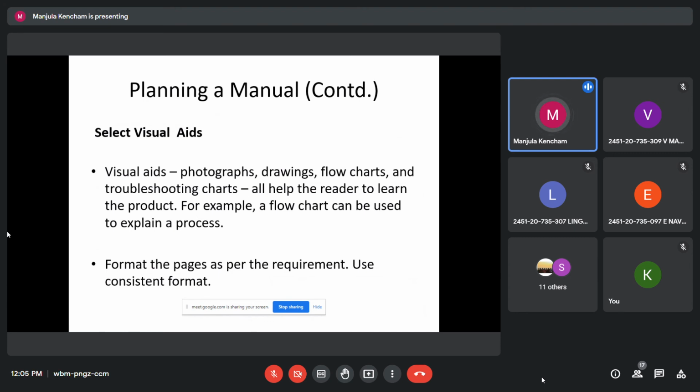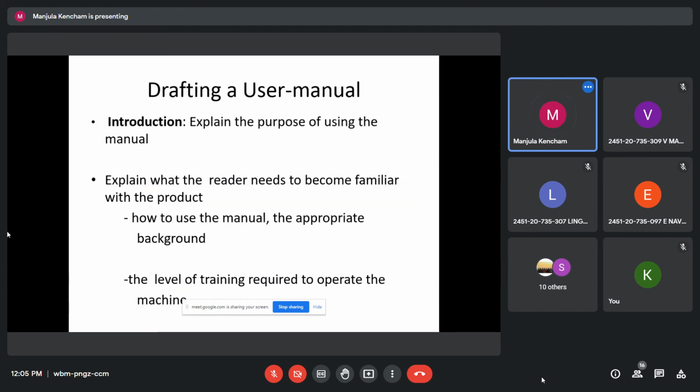If it includes a process or a procedure, I should definitely think of using some kind of flow chart that would help the reader to process the information in a very effective manner. The number of instructions per page, and if I have a diagram, where to include the diagram and the instructions together, all that should be thought of by the writer while designing a manual.